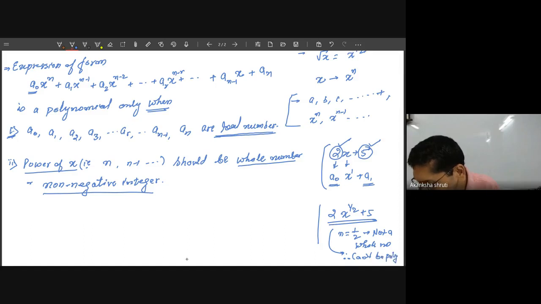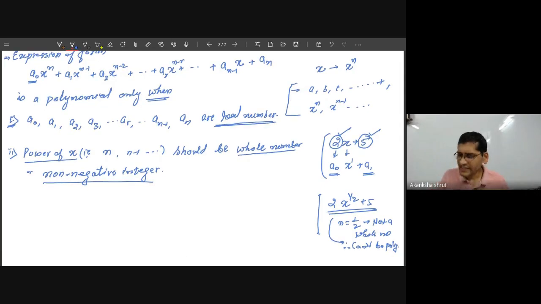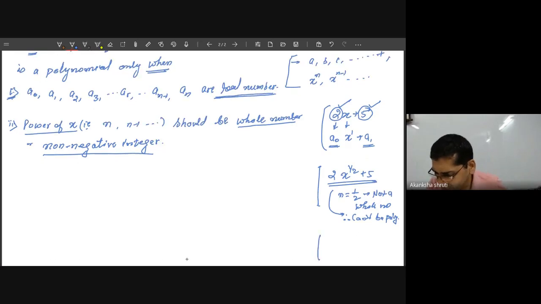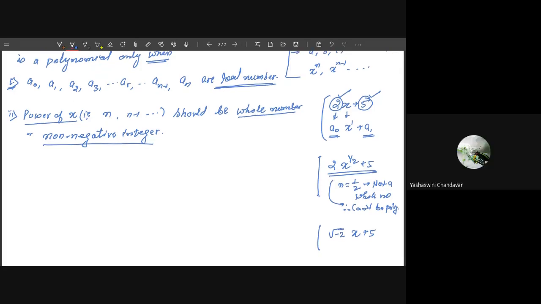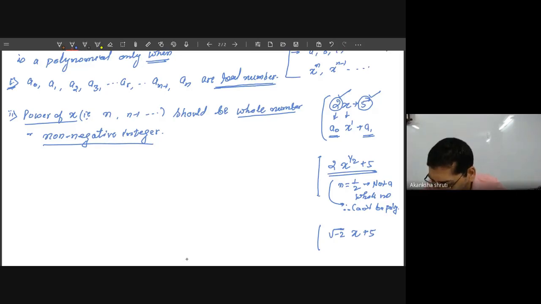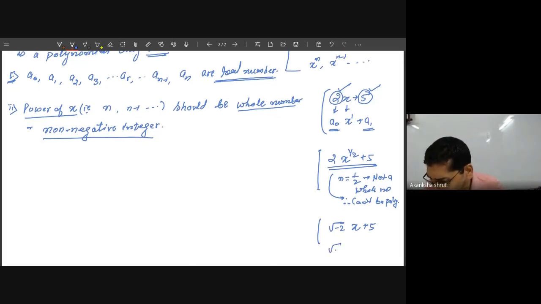You will learn slowly and we will see each and every point with an example. Say for real, 2 is real, root 2 is also real, but if you are taking this as under root of minus 2 x plus 5, can it be a polynomial? Though it can also be called a mathematical expression. Student, what is this root of minus 2? This is not a real number.